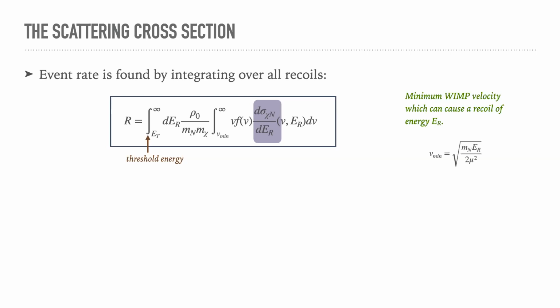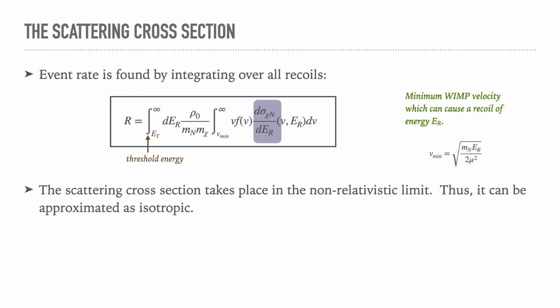And when we integrate this out, we end up with dR/dE_R, rho, our dark matter density, times the mass of our nucleus, mass of our dark matter candidate. And then we're still looking to integrate over the velocity of the dark matter particle, v f, d sigma/dE_R.